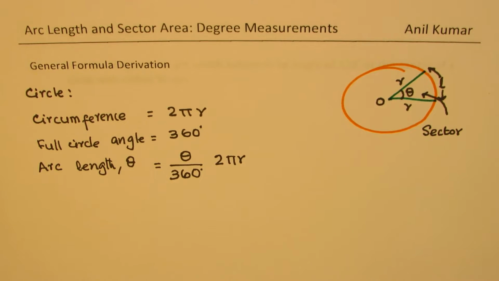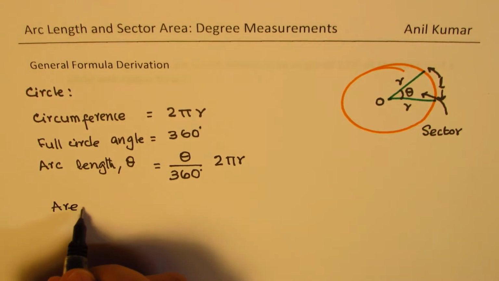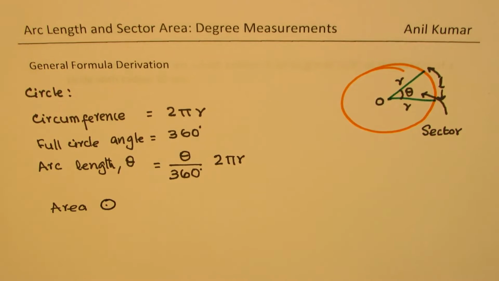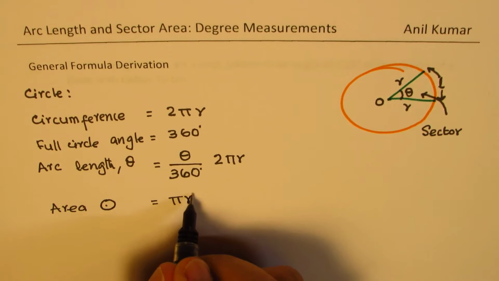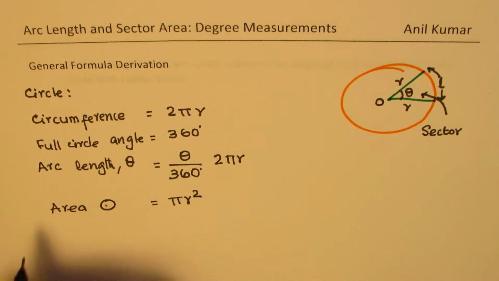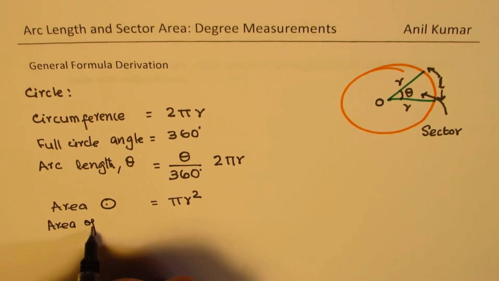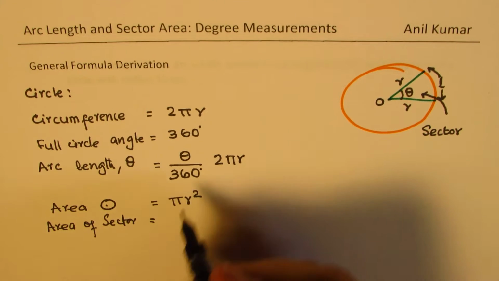Perfect? Okay. Now let's talk about area. So what is area of a circle? We can also denote circle with this symbol, right? So area of a circle is pi r square. Now, can you tell me the area of sector? Not difficult, same ratio, correct?